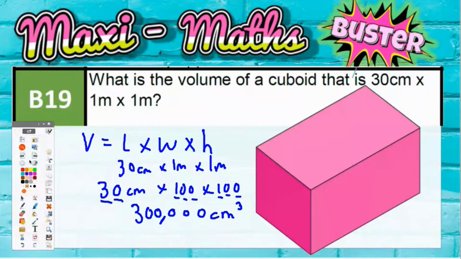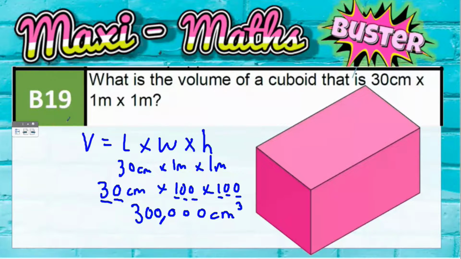However, if you were to do it in meters, then you would basically say that 30 centimeters is 0.3 meters times by 1 meter times by 1 meter. Well, 0.3 times 1 would be 0.3, and times by 1 again would be still 0.3.